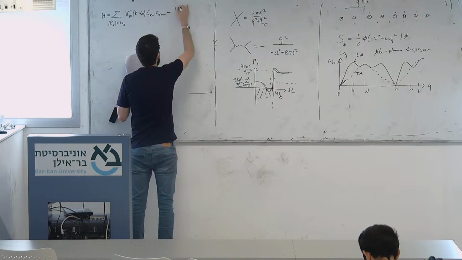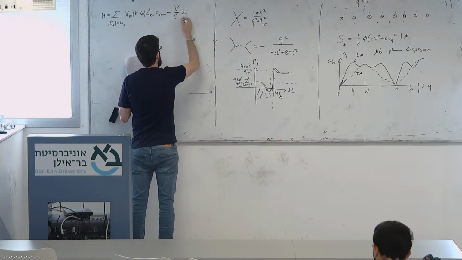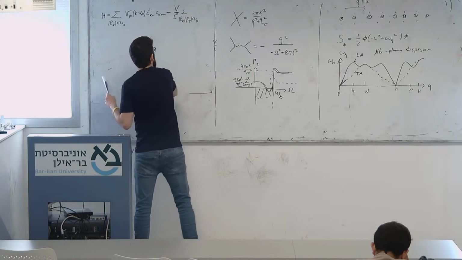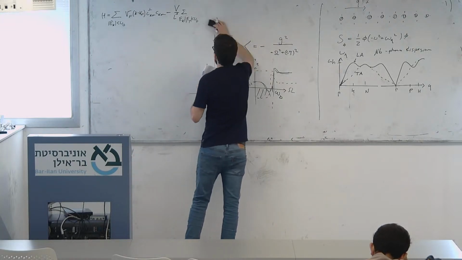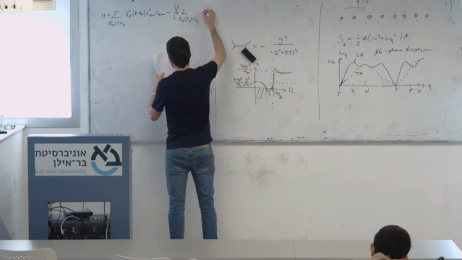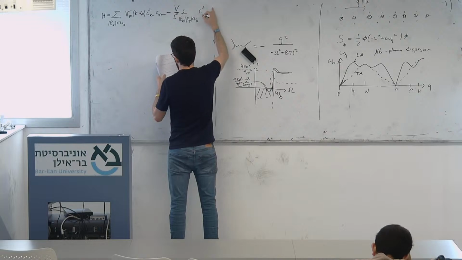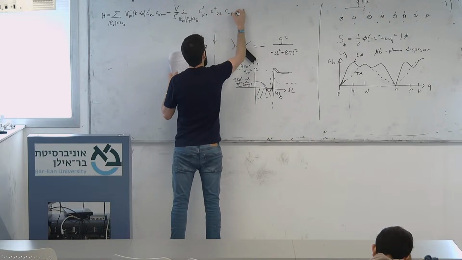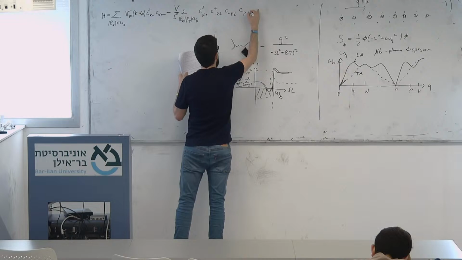And then you have minus V over L cubed, sum over k and p, both epsilon_k and epsilon_p smaller than omega_Debye, c dagger_k up, c dagger_minus k down, c_minus p down, c_p up.